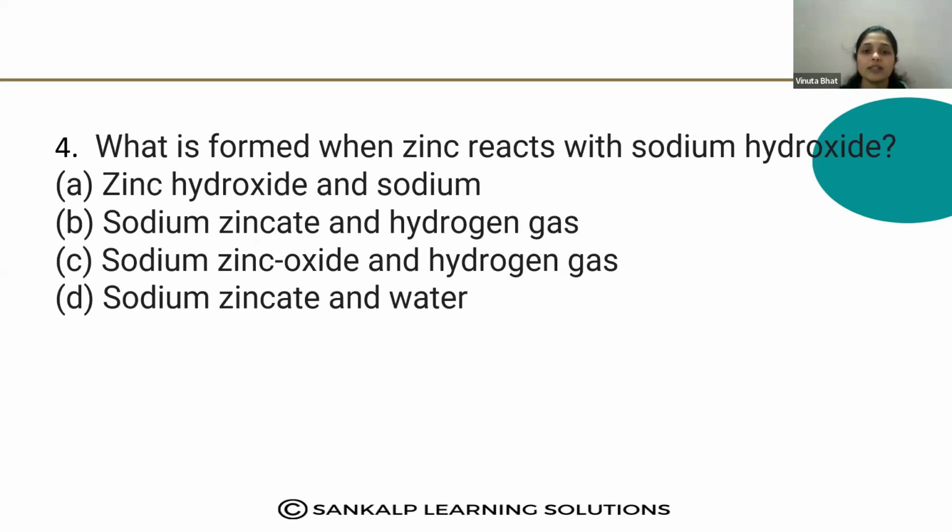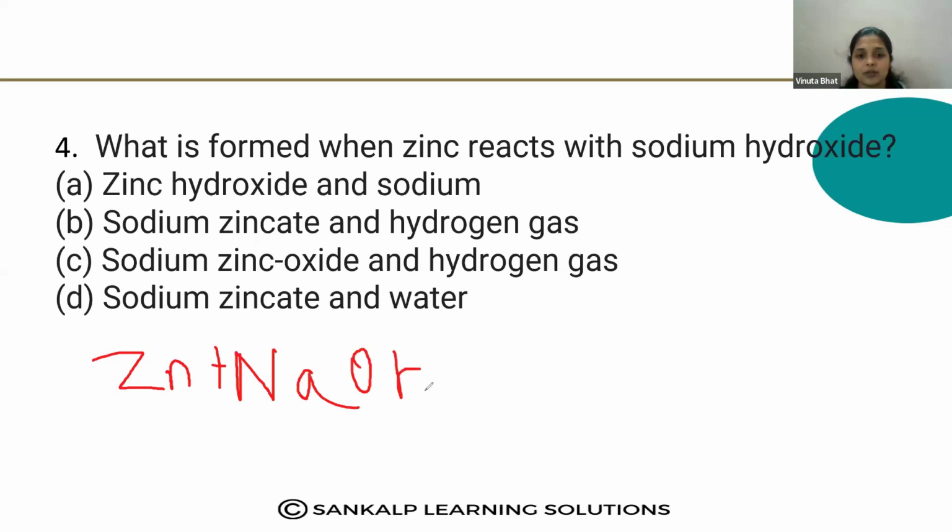What is formed when the zinc reacts with the sodium hydroxide? Here zinc, that is Zn, reacts with the sodium hydroxide, that is NaOH. What is the reaction formed here?